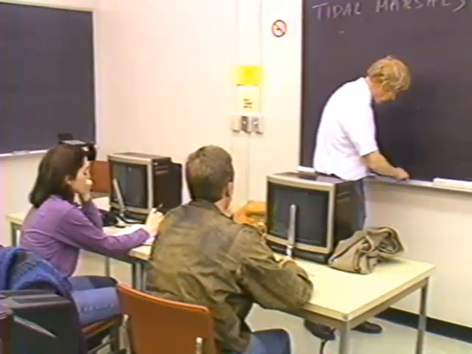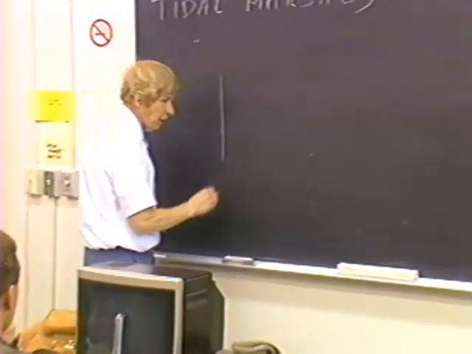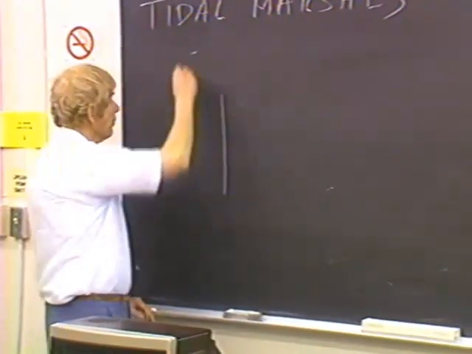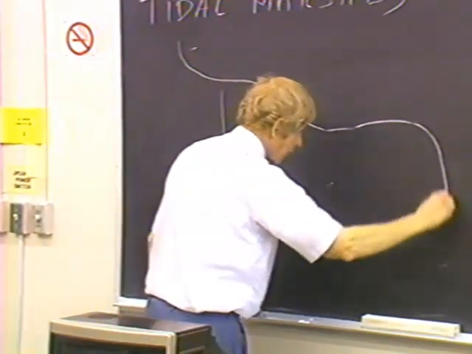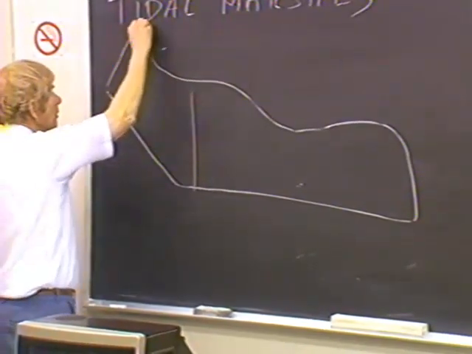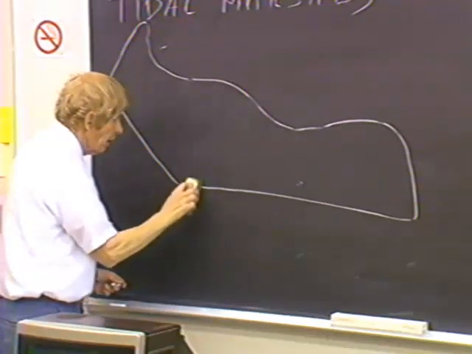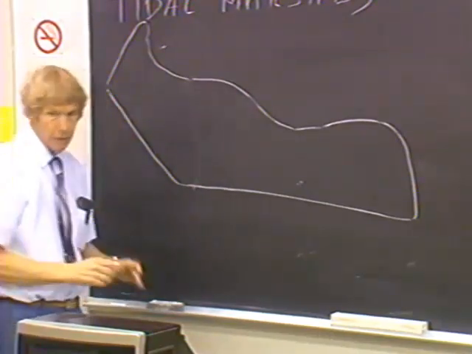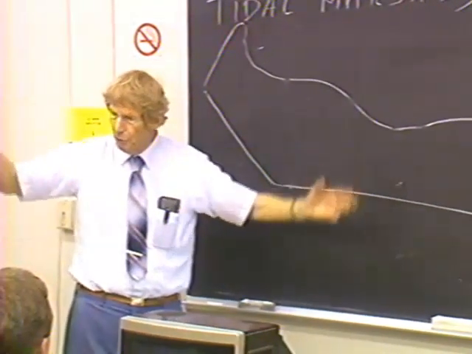For example, what we're going to propose for Wisdom Marsh is two things. The marsh area looks something like that, and that first transparency that I showed you, the dendritic pattern.